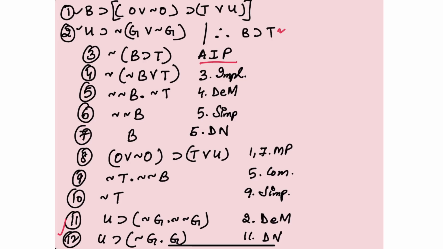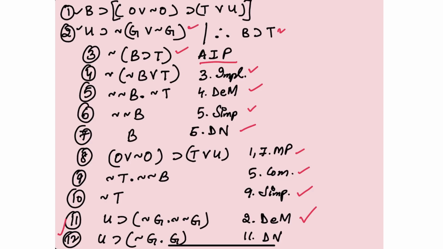So I'll just point out what we have done. We have first taken the negation of the conclusion, and after taking the negation of the conclusion, implication is used, and then De Morgan, and then we have simplified double negation. Further, what we have used is 1 and 7 in modus ponens, commutation, simplification, De Morgan again.